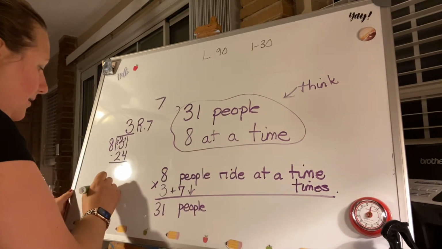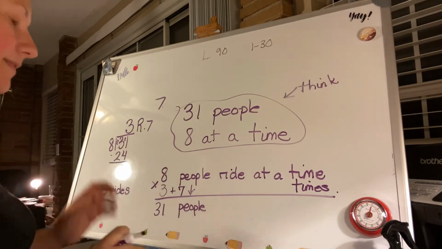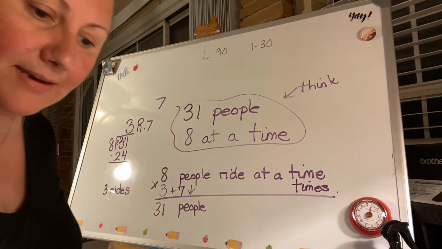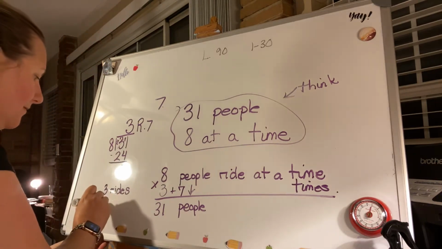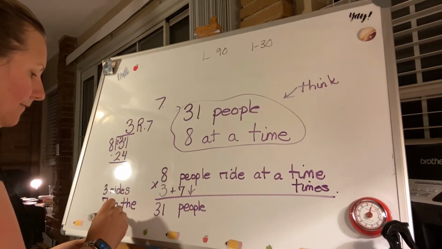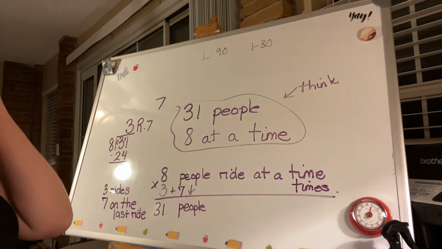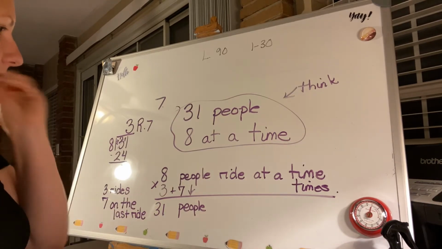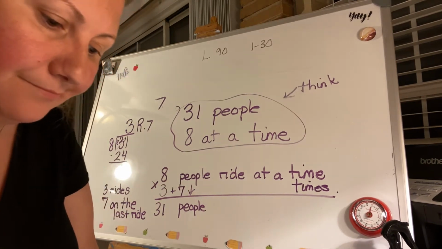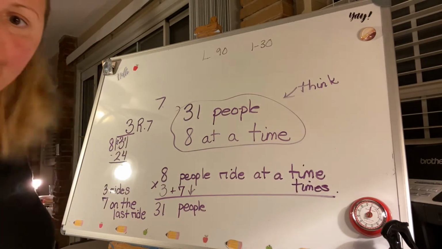So 3 rides. 8 people can be on it at a time, and so the last ride will have 7 on the last ride. Okay, so that means that I think we figured that one out. Okay, let's go on to number 8.